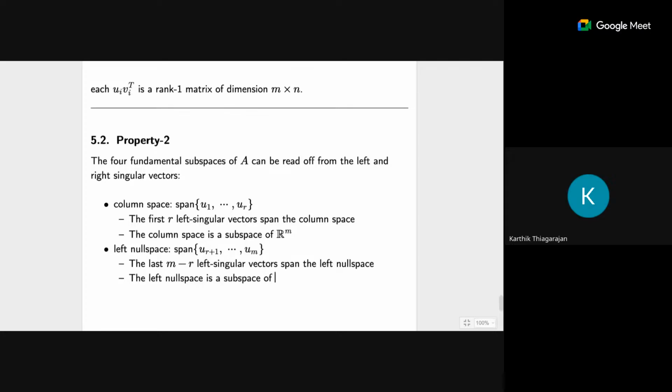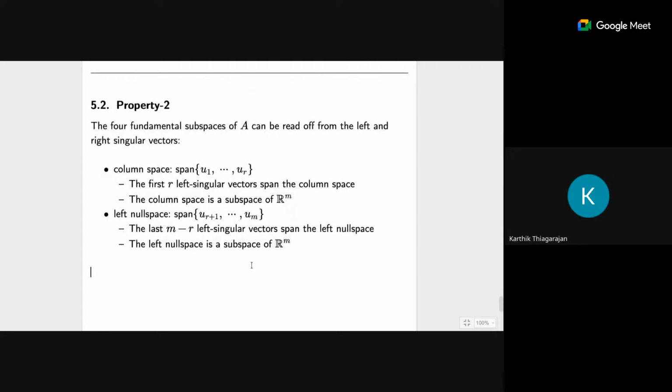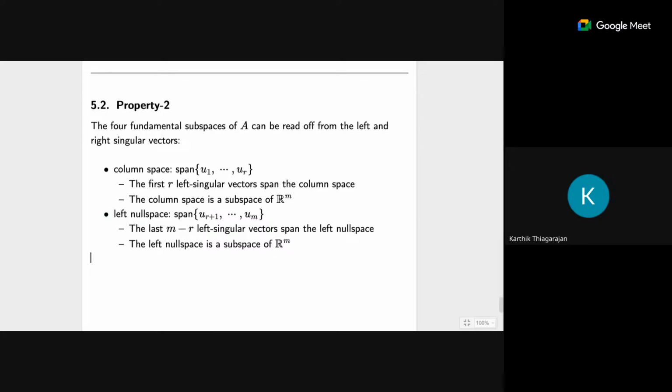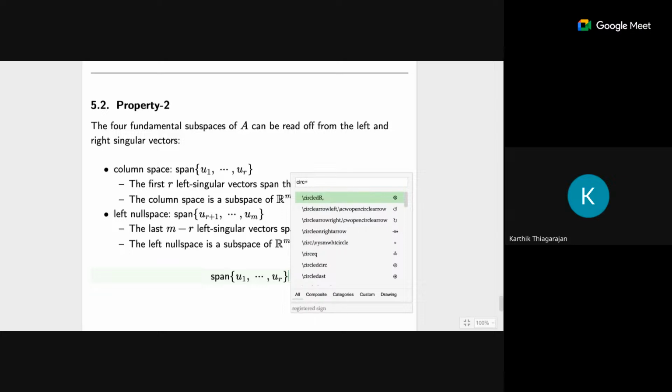The left null space is also a subspace of Rm. In fact, if you put these two together, there is something called a direct sum. Just like you have a union of sets, you have a union of subspaces. This is outside the scope of the course, but there's a symbol for it, a plus with a circle.